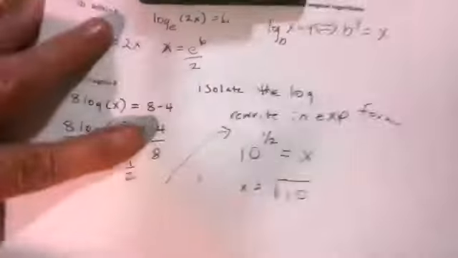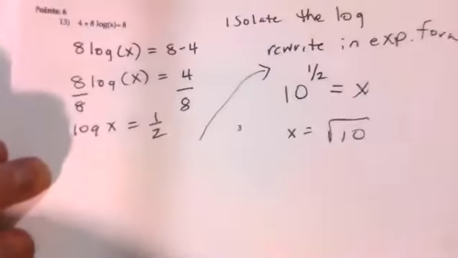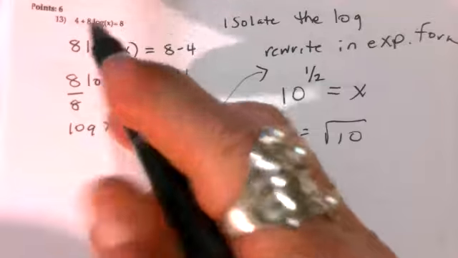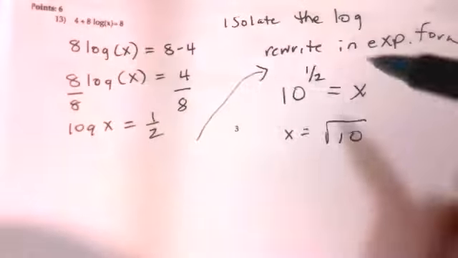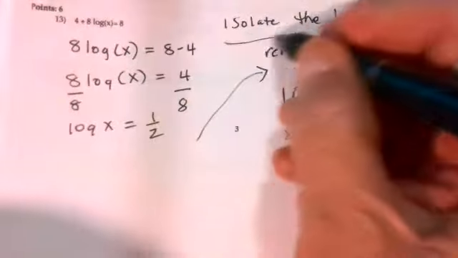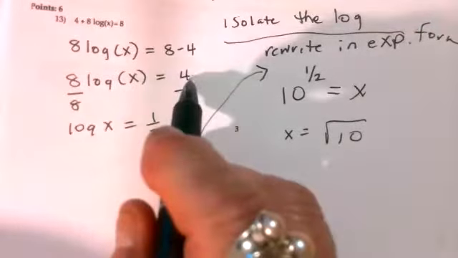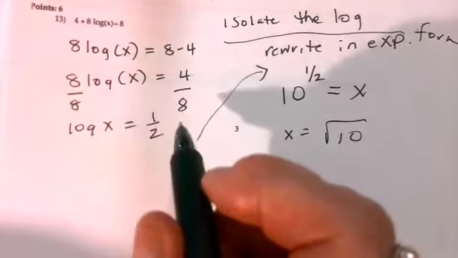Here's another log equation. Like I said, if you've got something with the log, isolate the log. I was actually talking about the exponential, but it's also true with the log. So first we have to subtract 4 from both sides, get rid of the 4, and then divide both sides by 8.